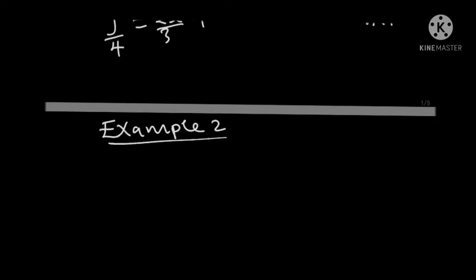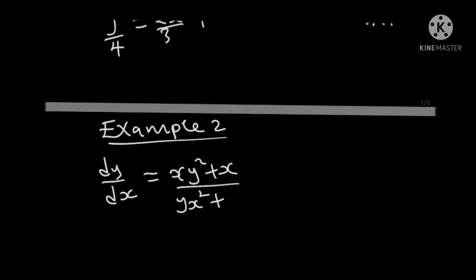Example 2. Suppose we have dy over dx equals xy squared plus x over yx squared plus y. Now, let's first cross multiply.